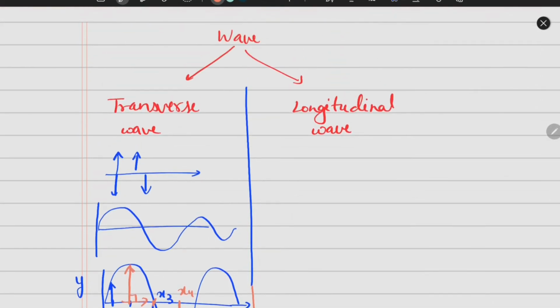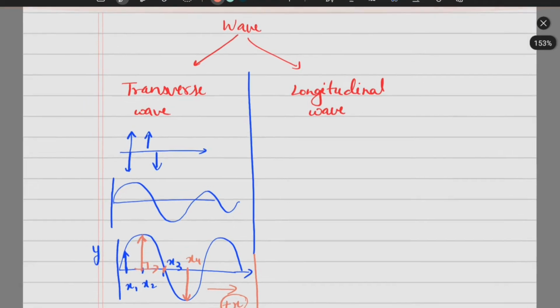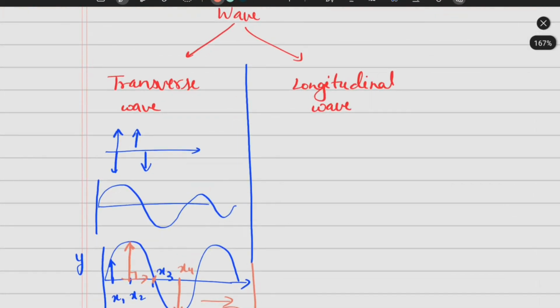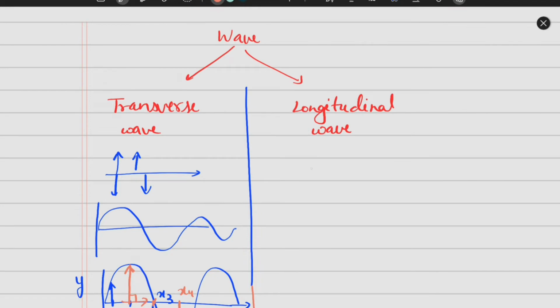What about the longitudinal wave? Longitudinal wave is the wave where the particles are displaced along the direction of the propagation. Like the wave is propagating in this direction, and particles are displaced either in this direction or this direction.